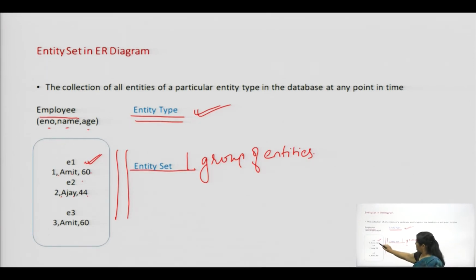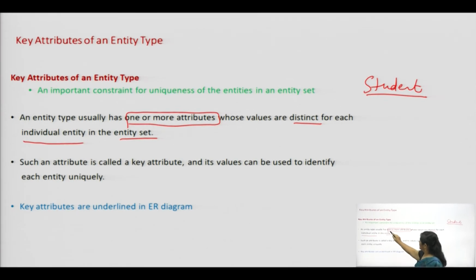So, I have 3 entities over here in the entity set corresponding to the entity type employee: E1, E2 and E3. Now, what is a key? A key is one or more attributes.